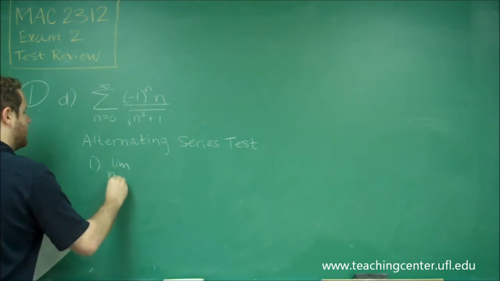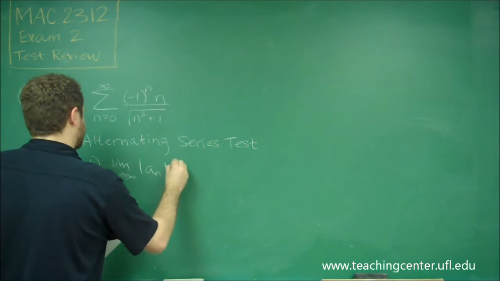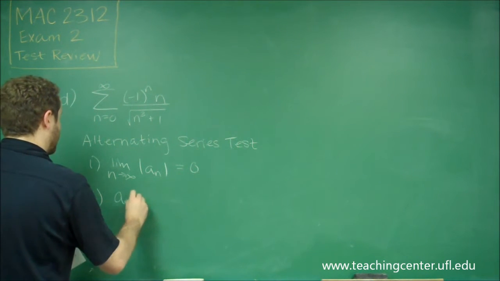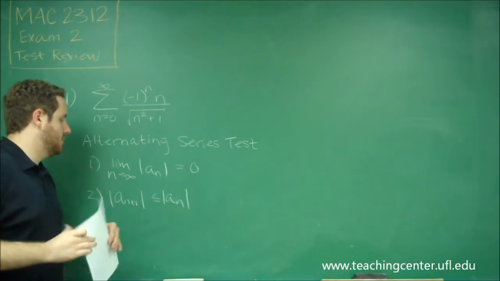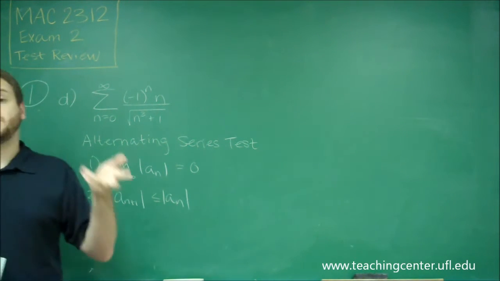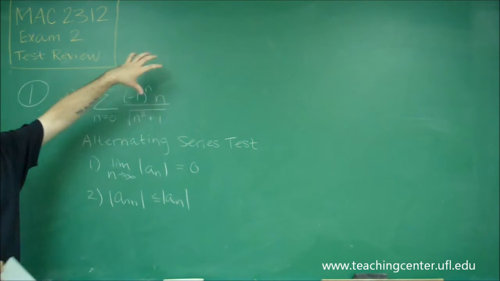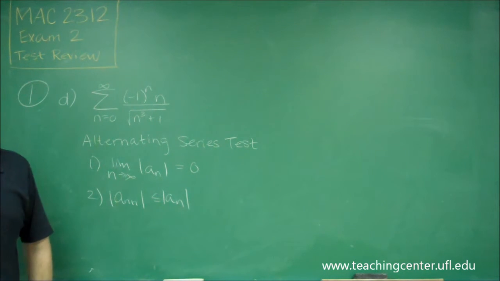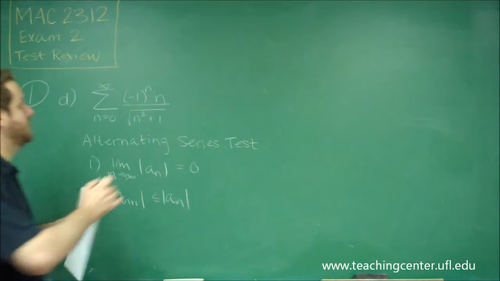The limit of the non-alternating part of the series is equal to 0, and the series is decreasing. If those two things are true, the alternating series test says that it at least conditionally converges. So let's check these two things.